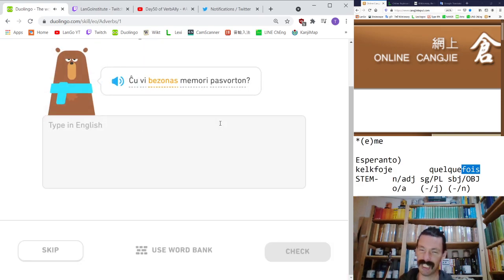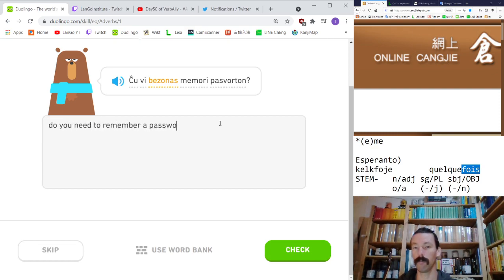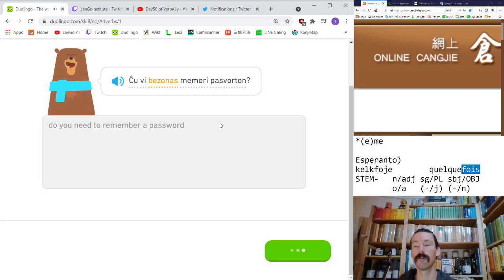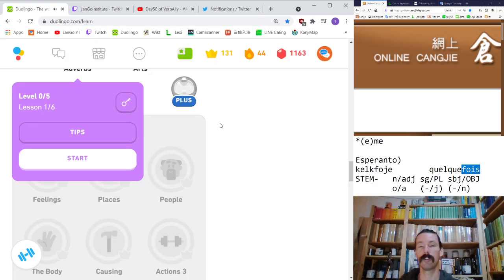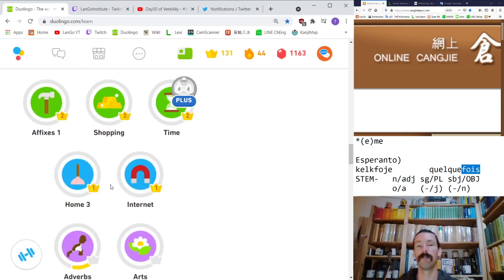Bezonas memori passvorton, a password. Do vi is you. Do you need to remember an indefinite password? Bisogno.